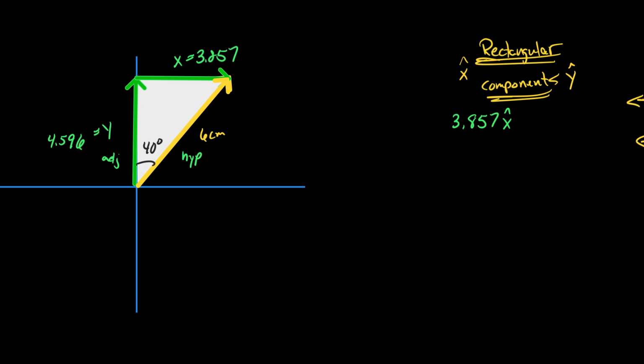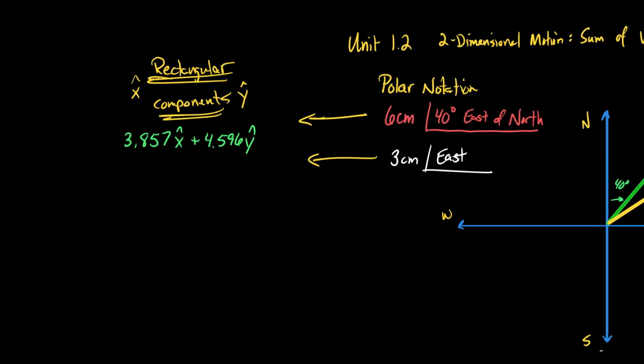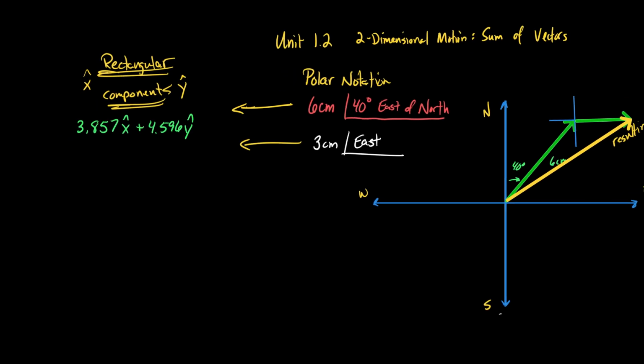That x with a hat on it is a sign to me from you that says this is how much the vector is in the x direction, plus 4.596 in the y direction. That is successfully taking our vector and converting it to rectangular notation. We've broken it up into its components.